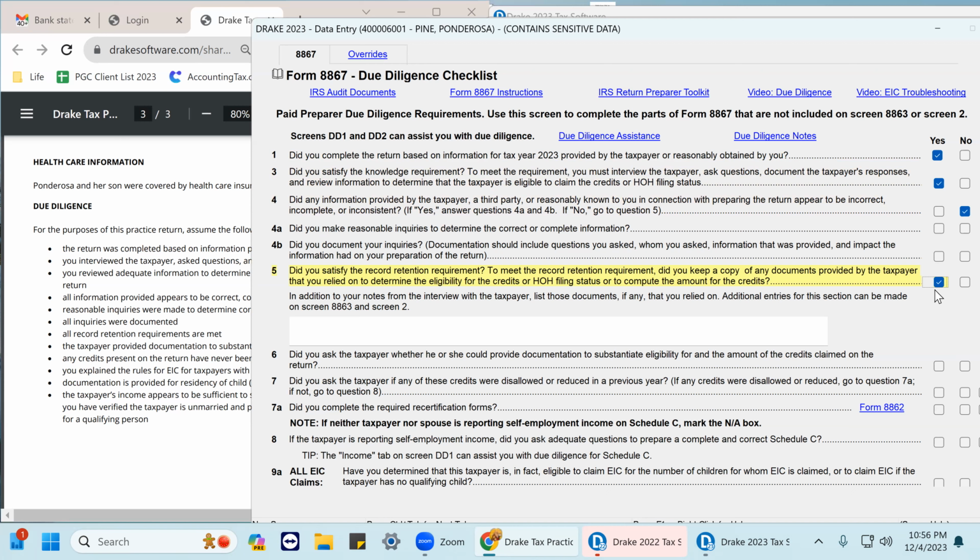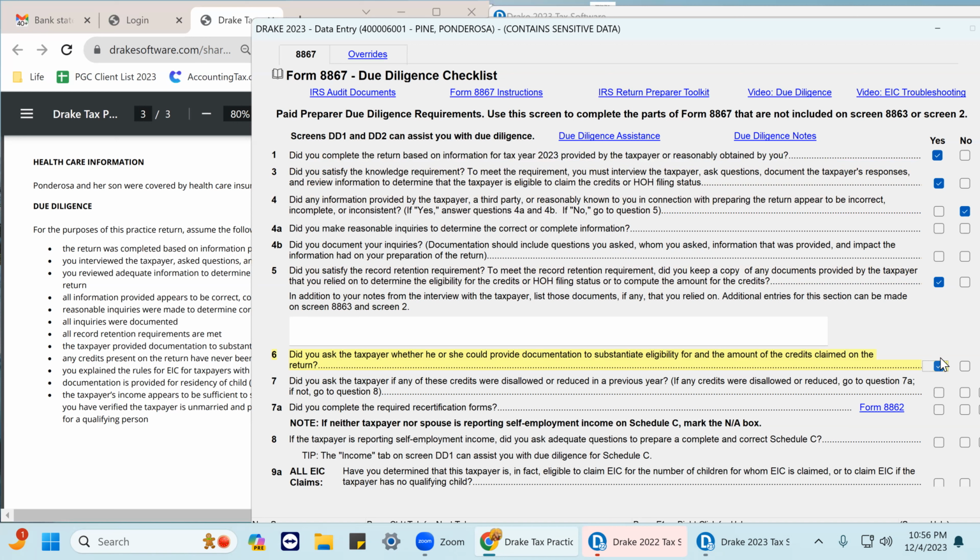Yes is a good answer. So now number 6. Did you ask the taxpayer whether he or she could provide documentation to substantiate eligibility for the amount of the credits claimed on the return? Yes. Do you think the answer is right?